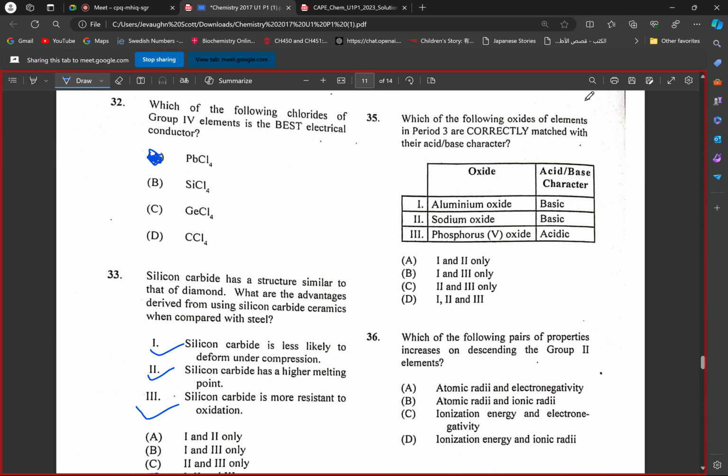Yes, amphoteric. But the thing is, a lot of persons, when we were doing this, we went to different CAPE teachers, and they are saying that, okay, yes, amphoteric oxide, but that still means it has acidic and basic character. Isn't that the definition of amphoteric? So some persons are saying that D will still be the answer, and some people are saying that no, because it's acidic as well, C will be the answer. So it depends on your interpretation of the question.